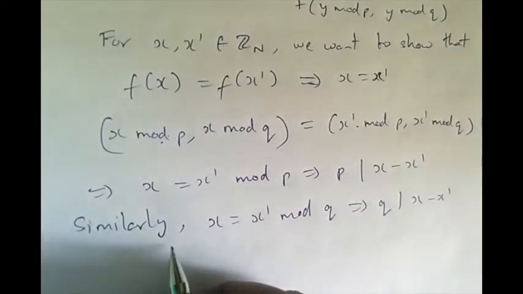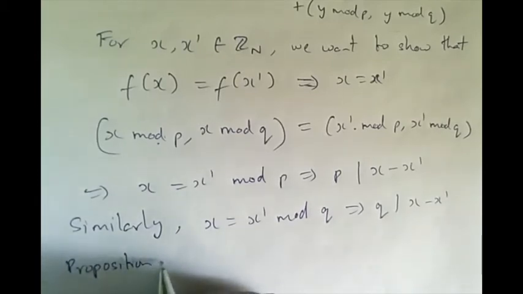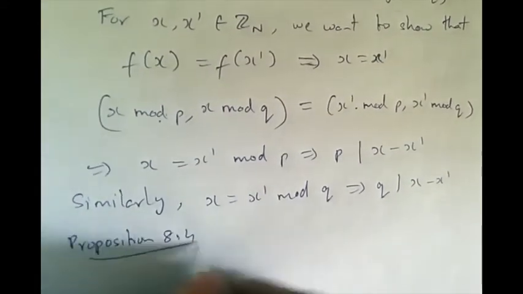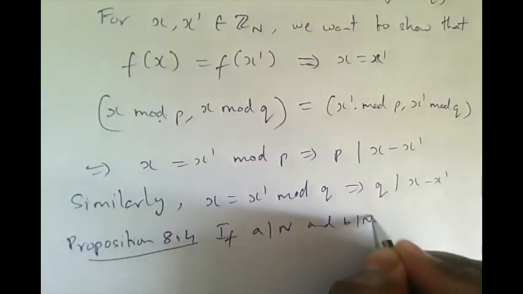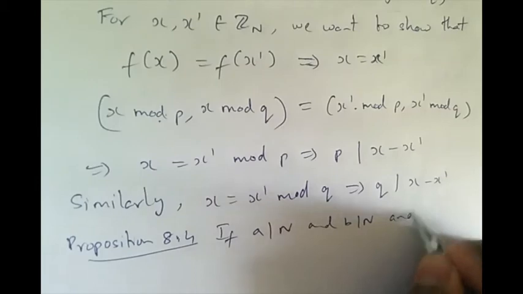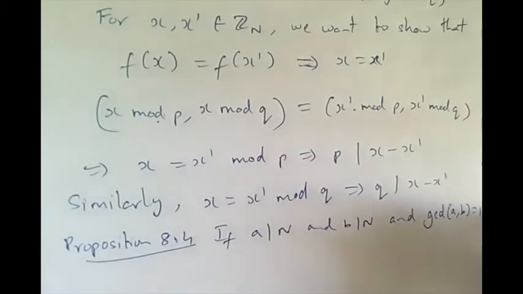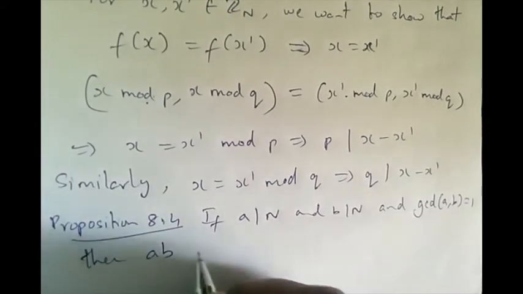Now recall that there was a proposition we did in lecture 13. I think it's 8.4 in the text. It says that if a divides n and b divides n, where a and b are integers, of course, and the GCD of a and b is 1, then a times b divides n.